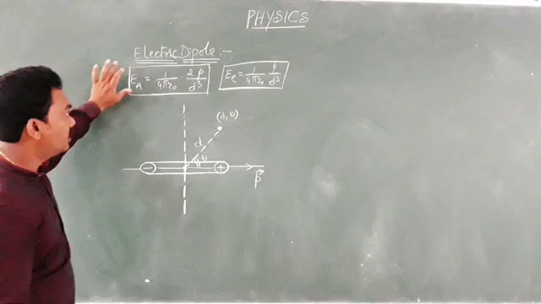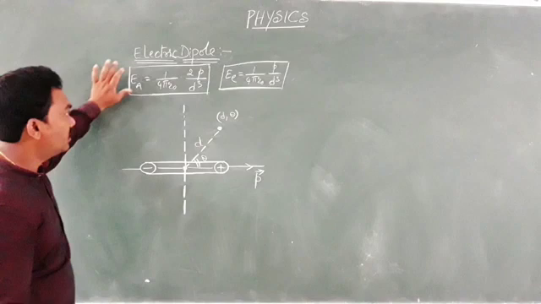Here there is a small correction: p square comes out of the square root, p will be left. Take 1 cos square theta: 1 cos square theta plus sin square theta is 1. Then 3 cos square theta is left. Finally your equation is 1 plus 3 cos square theta. Here is the final equation. Little lengthy derivation, but better to go through it.